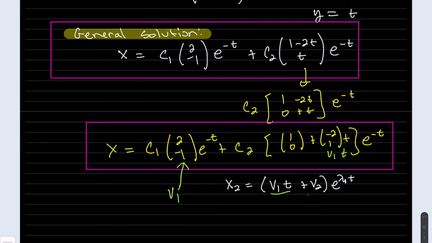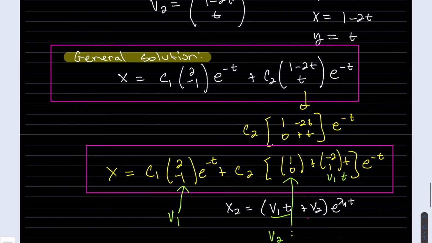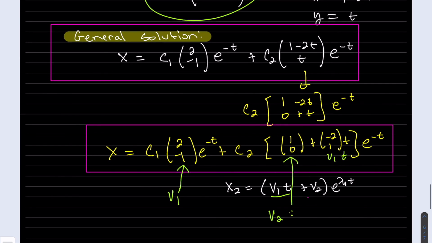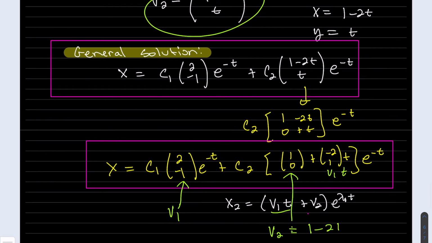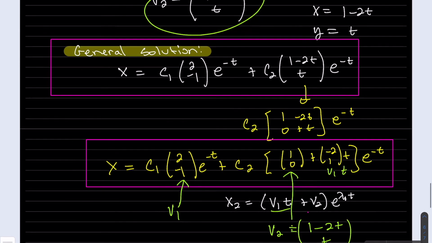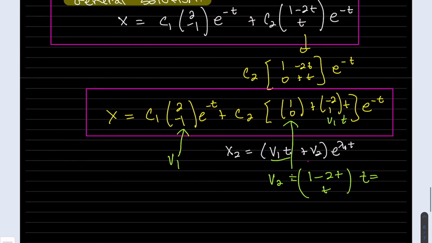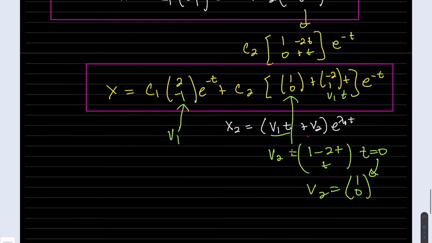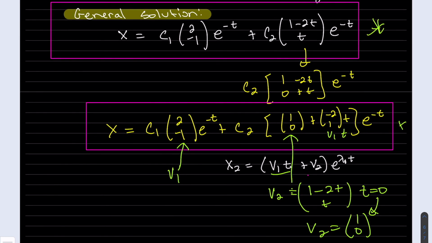And this right here is my V2, or my V2 is 1 minus 2t, t. When I set t equal to 0, you get V2 equals 1, 0. Okay? You could plug in any value for t. But either way is acceptable as an answer. That's it.